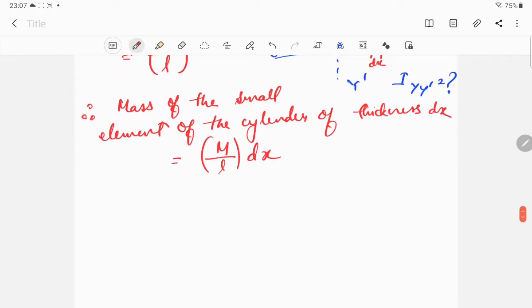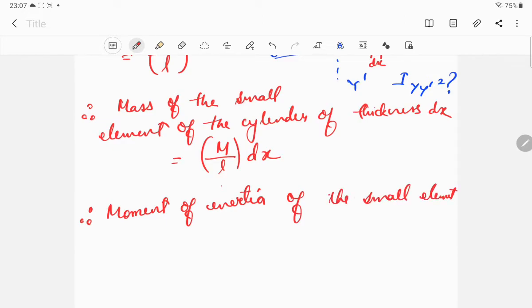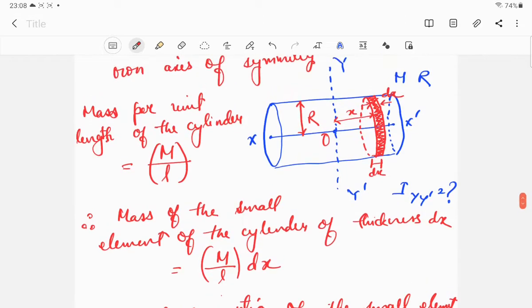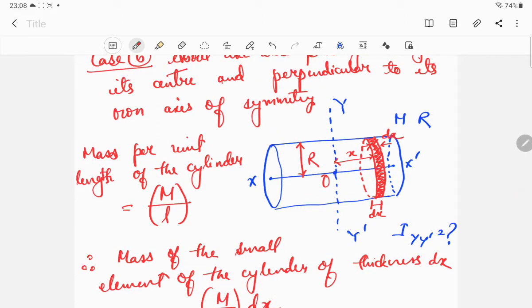Okay, now moment of inertia of this particular disk, this element of the disk, about the diameter of the rod. Okay, about the diameter of the rod will be, therefore, moment of inertia of the small element of thickness dx about the diameter of the rod is equal to, so as we have already discussed in a previous case, the moment of inertia of a disk about the diameter, about the diameter of the disk will be like this.